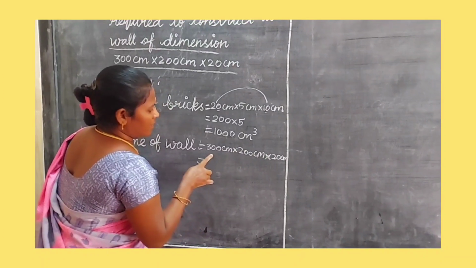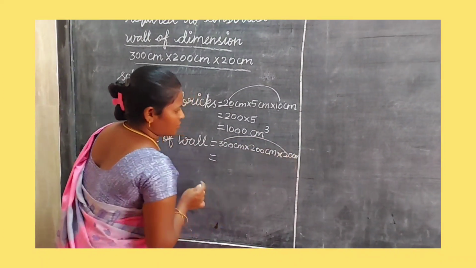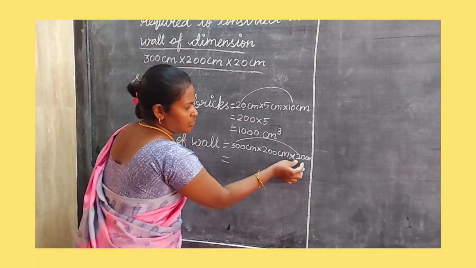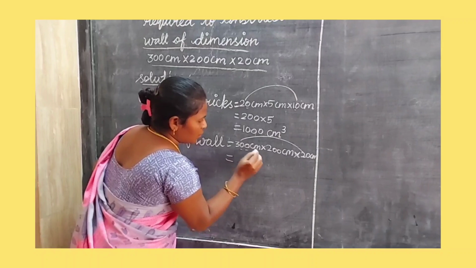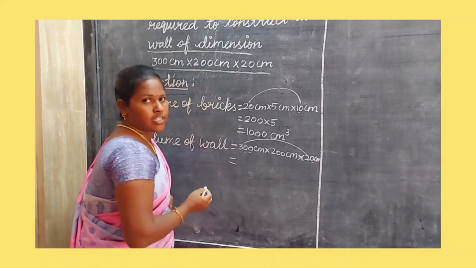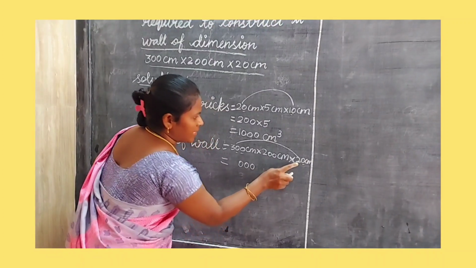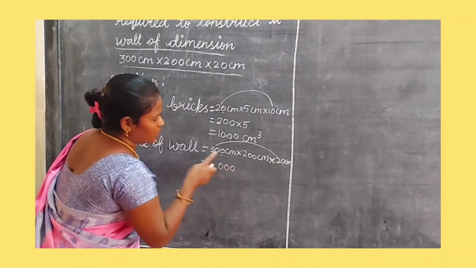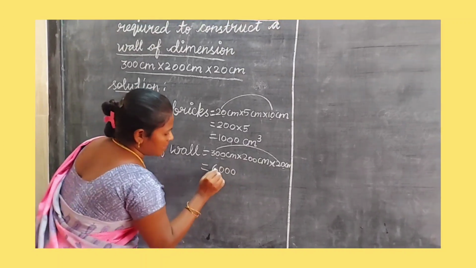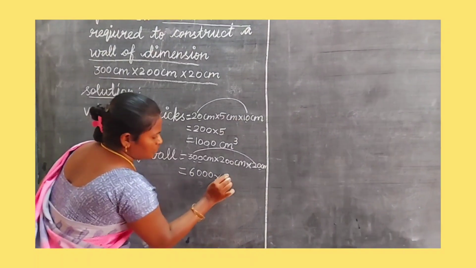Now multiply 300 and 20. 3-digit number and 2-digit number we have to multiply. How many zeros are there? 3 zeros. So we put 3 0. Next the number is 2, this number is 3. So 2 3s are 6. So 6000 we get. The center value is 200.